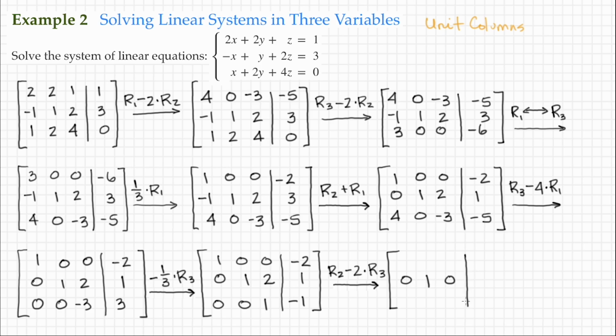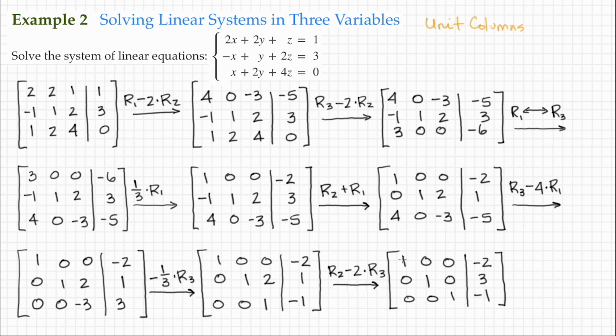Bring down our vertical line. Negative 1 times 2 is negative 2. 1 minus negative 2 is the same as 1 plus 2. So this becomes 3. And we close off our bracket. Fill in the rest. We have 1, 0, 0, negative 2, and 0, 0, 1, negative 1.